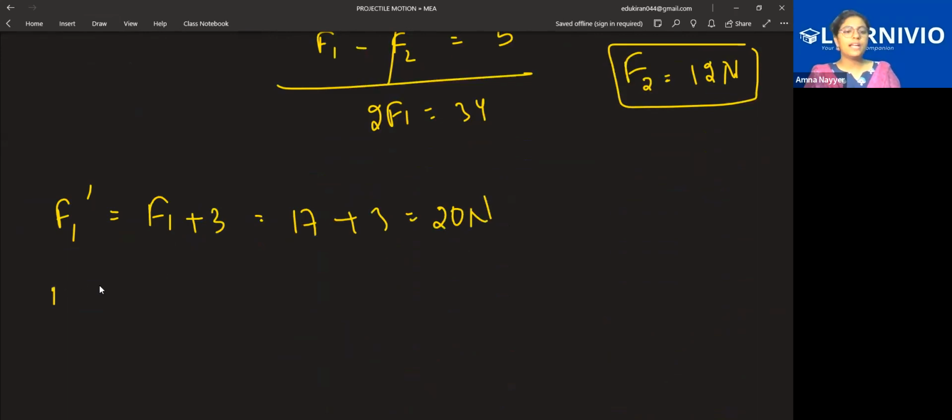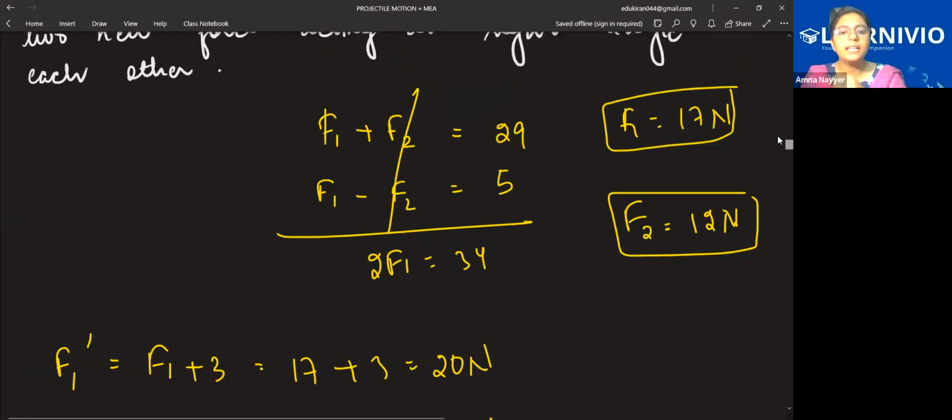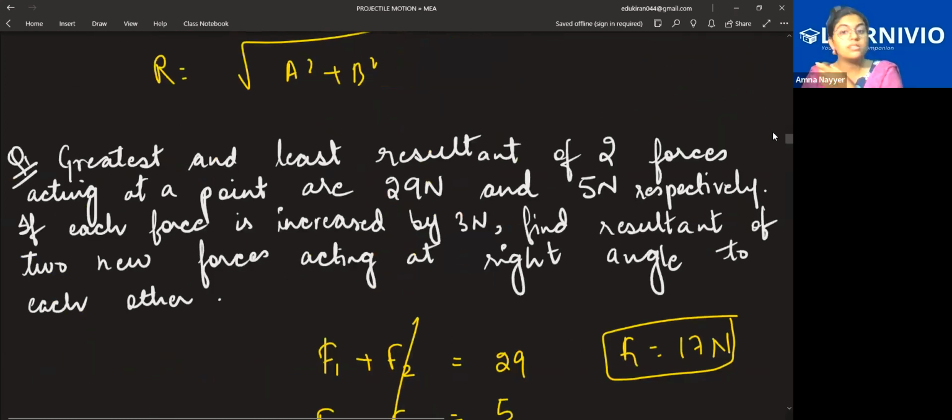F2 dash will be F2 plus 3. This is equal to 12 plus 3 is equal to 15 Newton. So the second line is clear to all of you. Second line said that if each force is increased by 3 Newton, find the resultant of the two new forces, means these two new forces which we have obtained right now.